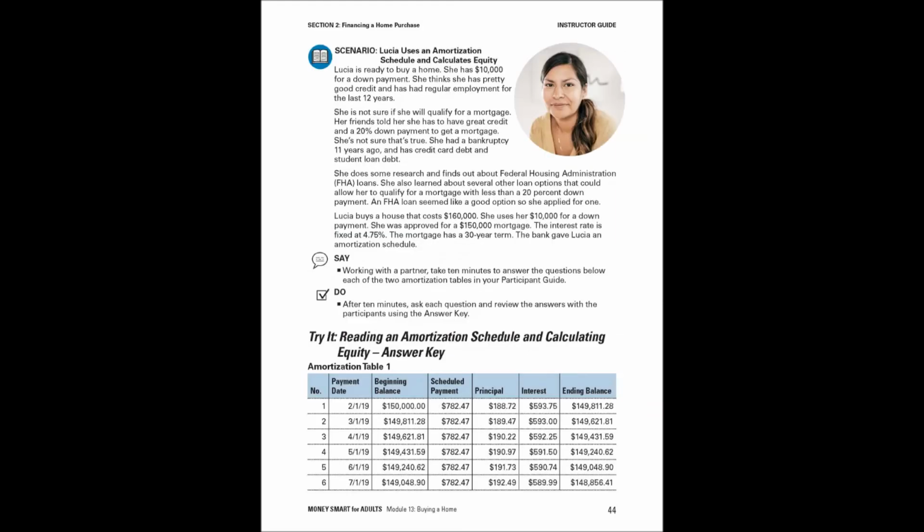We have a scenario with Lucia. And Lucia is ready to buy. She has $10,000. And you're going to have your participants read through this scenario. And then there are a series of questions that help them to identify, reading this amortization schedule, and then at the end, calculating equity.